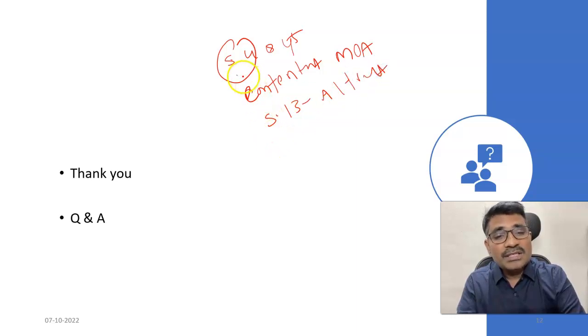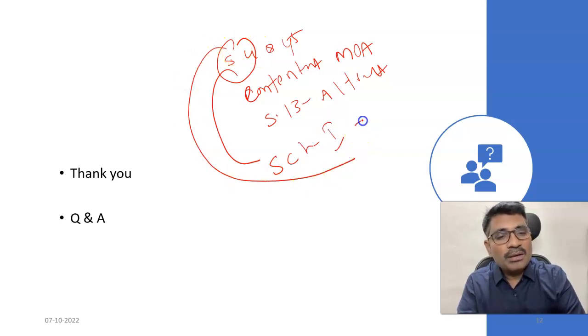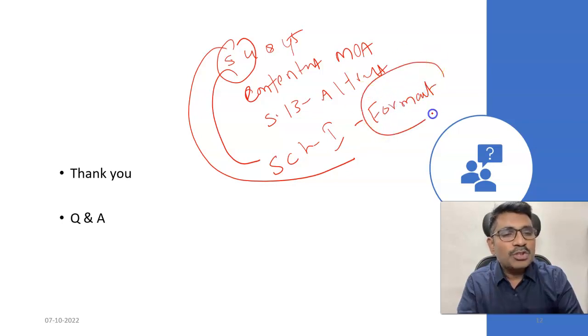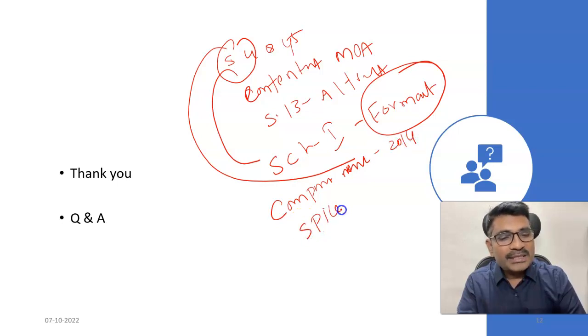Then you have section 4 read with schedule number 1, right? Section 4 and schedule number 1, the format is given to all of you, how the company has to be understood, followed by the company's names and the regulations under 2014 and the SPICE++ applications, right?